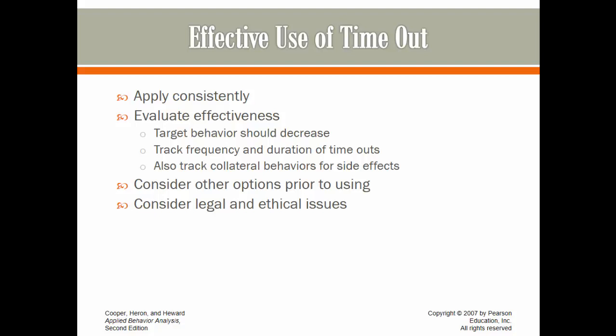So you want to track the frequency and duration of timeouts and the collateral behaviors for side effects. Timeout should also be your last type of intervention considered. Ethically, as BCBAs, we need to consider antecedent and skill building, differential reinforcement, and other types of interventions before using punishment procedures.